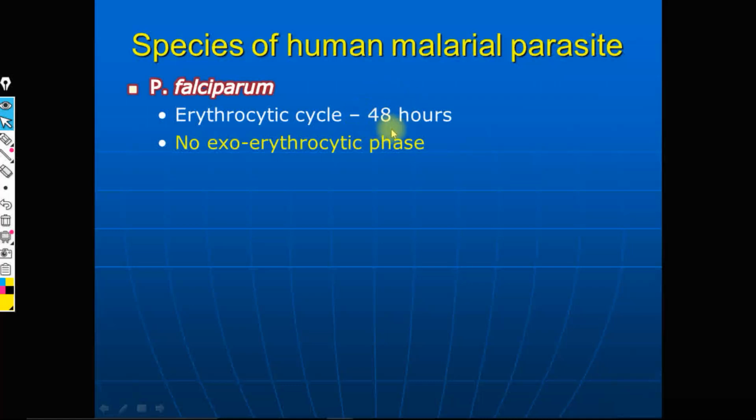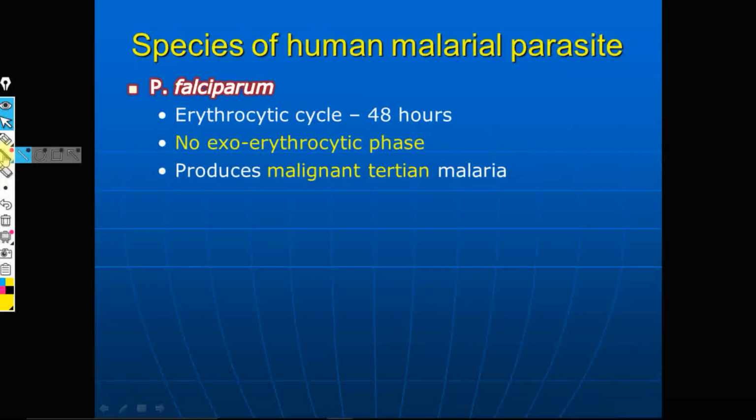Fine. Now this 48 hours is also a very important parameter to be remembered, because this will decide the rhythmic symptoms, or the shivering effects which are observed at regular duration. That's why I have mentioned here that it is producing tertian malaria, right? Tertian malaria means every third day the fever will be produced, right? Why every third day? Because at the end of 48 hours the RBCs will get ruptured.